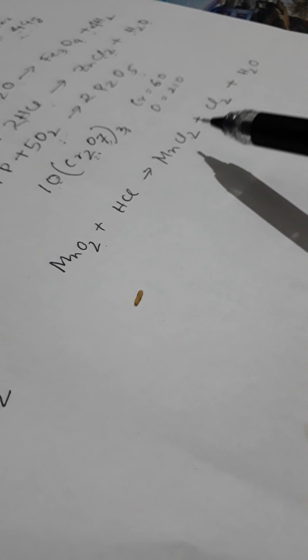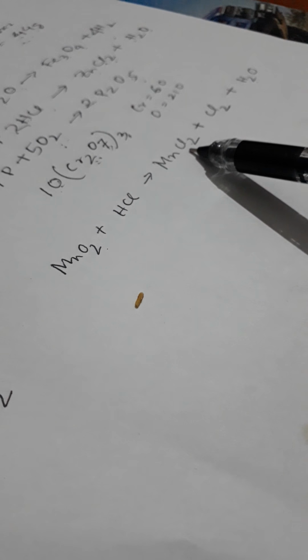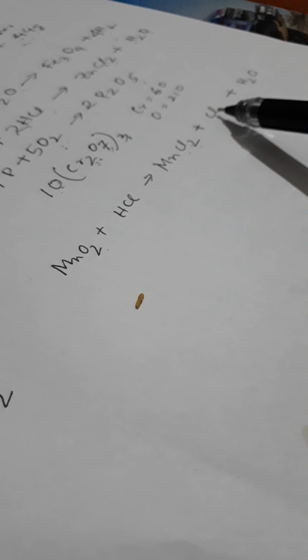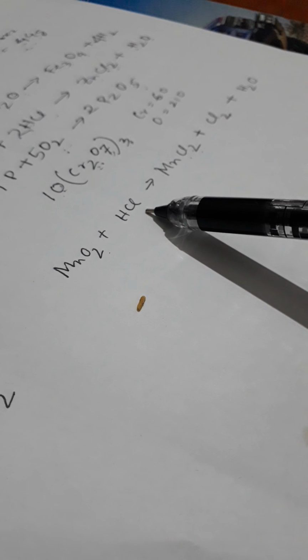Here the maximum number is 2, but you can see that the Cl atom is in maximum number. On the right-hand side chlorine is 2 and another 2, so in total 4, but on the left-hand side it is only 1 chlorine. So we have to balance chlorine first.